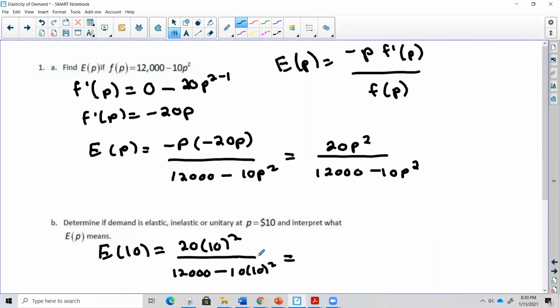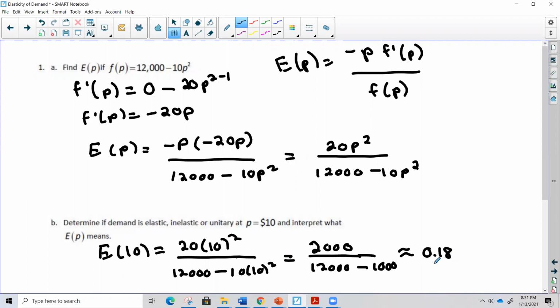So if you multiply out the numerator, you get 2,000. And then for the denominator, I would have 12,000 minus 10 times 10 squared, which is 1,000. And this gives me, if I simplify it, approximately 0.18.